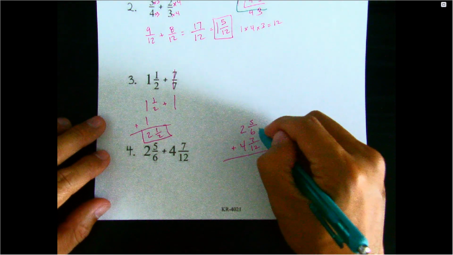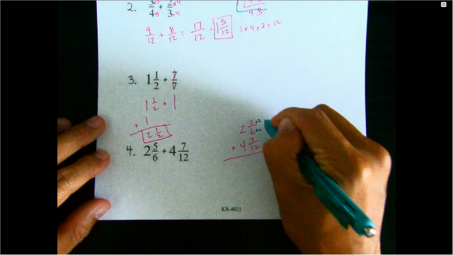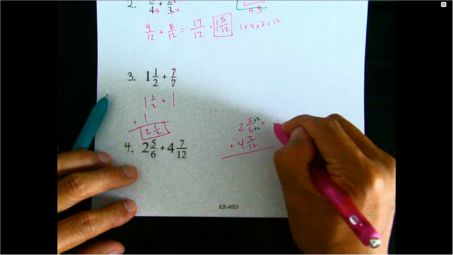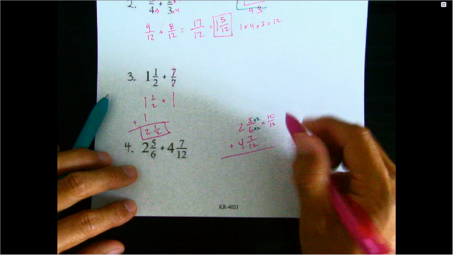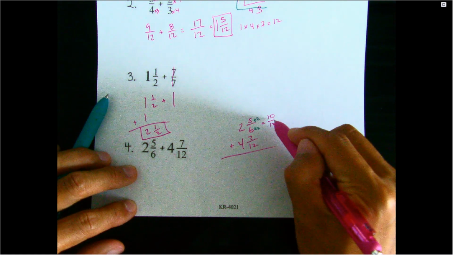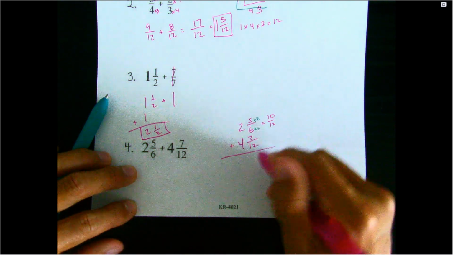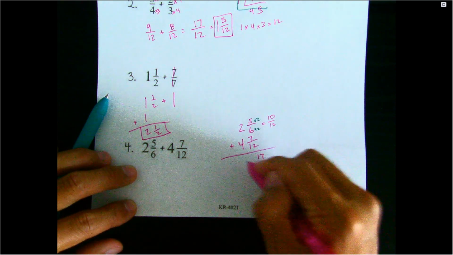It is 12. So just multiply this by 2 to get 12, which means I have to multiply the top by 2 as well. So that's going to be 12 on the bottom, and 5 times 2 is 10. So now I'm adding 10 over 12 plus 7 over 12. 10 plus 7 is 17 over 12, and I have 2 and 4, and that equals 6.